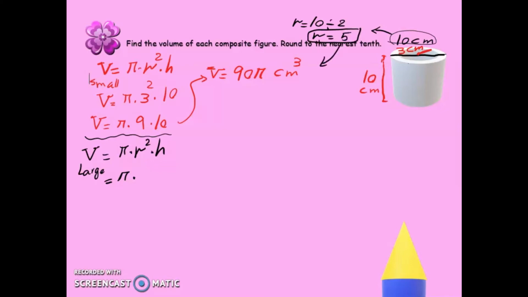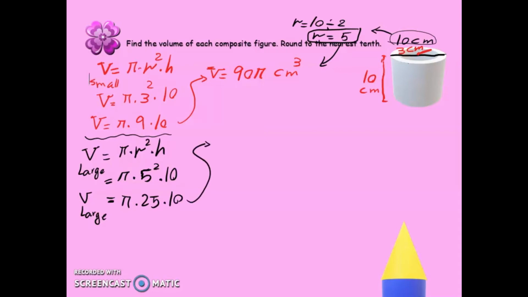Bring it down. As a result, radius is 5 squared times, what's the height of the cylinder? The height of the cylinder is all the way from top to bottom, which is 10 centimeter. Therefore, times 10. Volume of the large would be pi times 25 times 10.